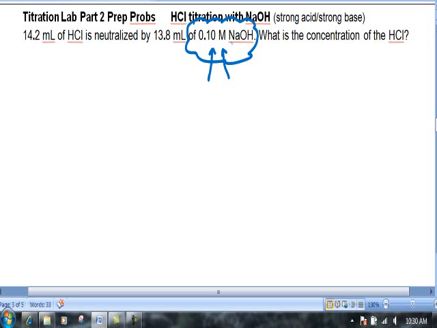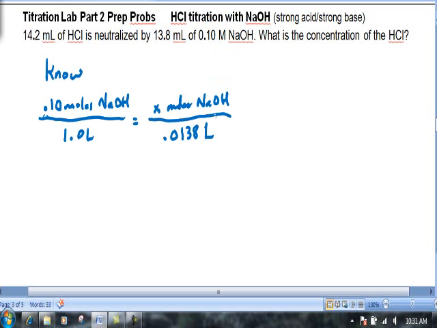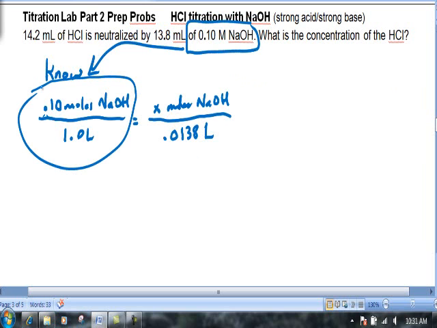In this case, we're given that the concentration of the NaOH is 0.10 molar. We can set up a proportion. From the 0.10 molar NaOH, what we know is that we have 0.1 moles of NaOH per 1 liter.